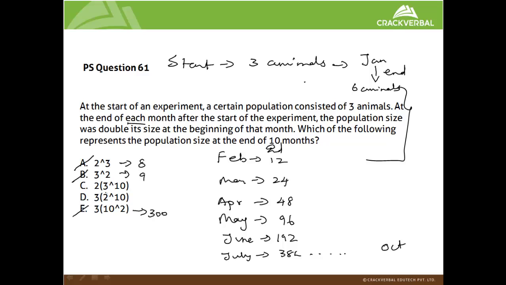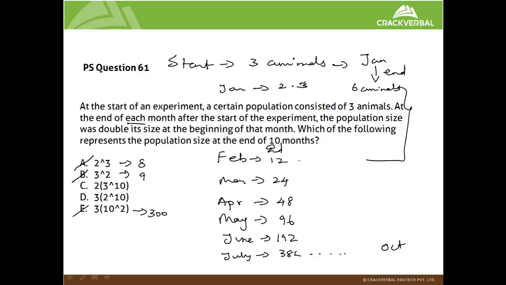Choice C is 2 into 3 power 10, which means you are having 10 threes multiplied at the end of the 10 months. 10 threes is a very huge number, and with a little calculation we can be clear that that many threes will not be there. Initially it was 3; by January end it becomes 6, so that is 2 into 3.